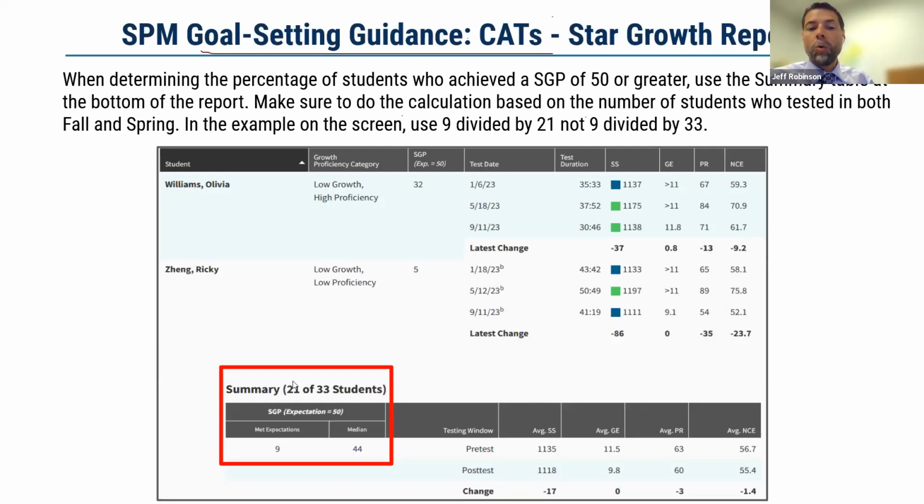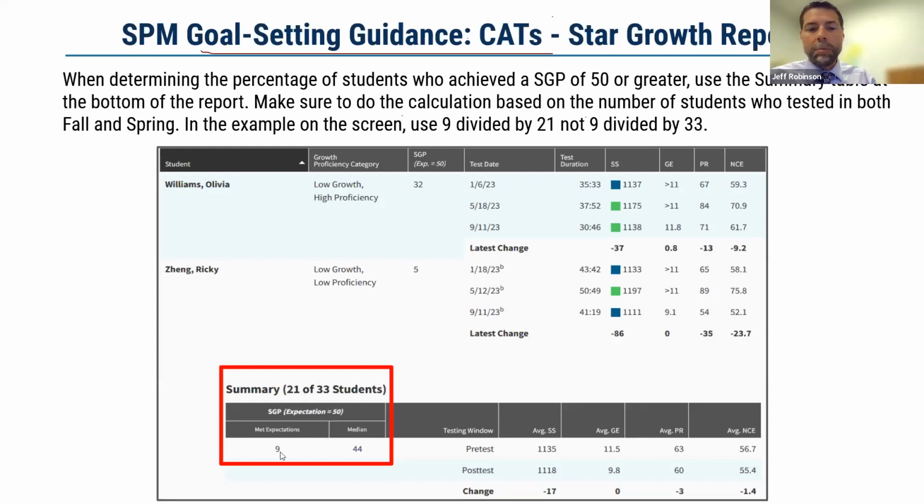And that's because only 21 of the 33 students in this class took both a fall and, in this case, a winter computer adaptive test. The other 12 students didn't take both tests and therefore don't have an SGP.